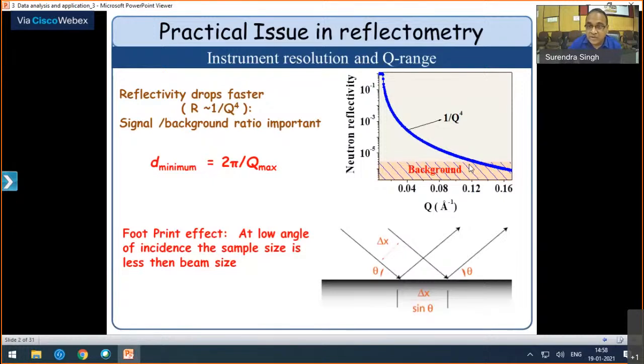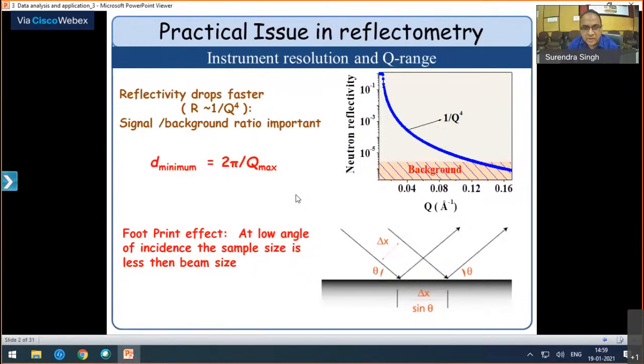This Q maximum will decide our minimum thickness of the single layer, and that relation is d equal to 2 pi by Q, the real space to reciprocal space relation.